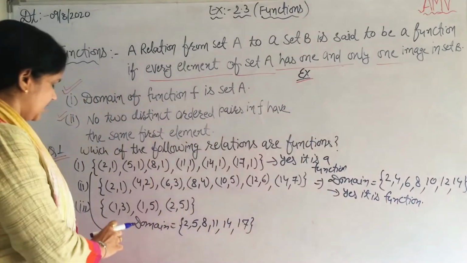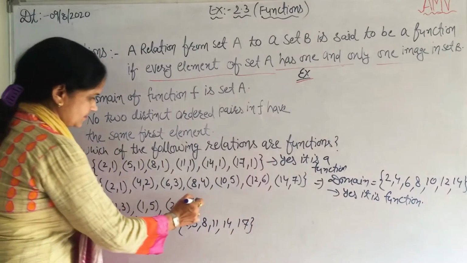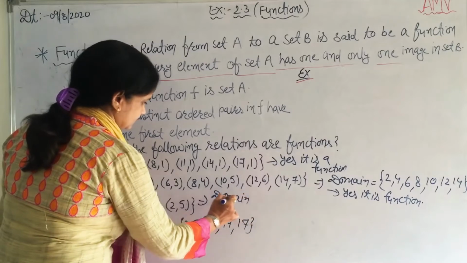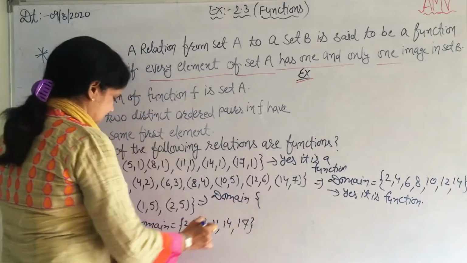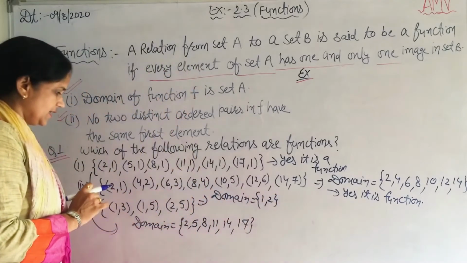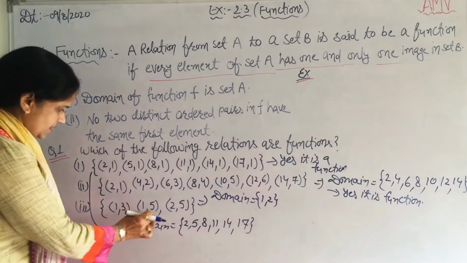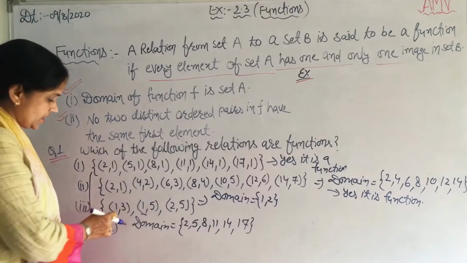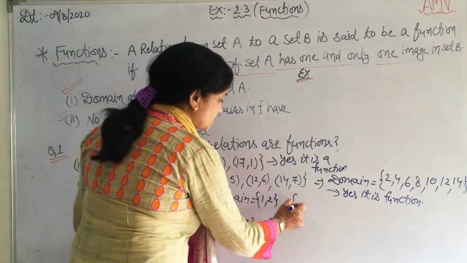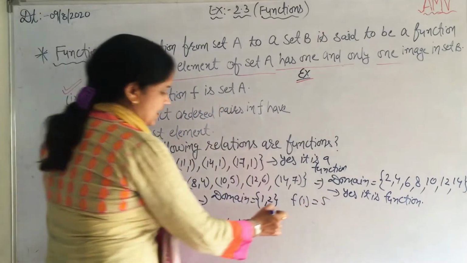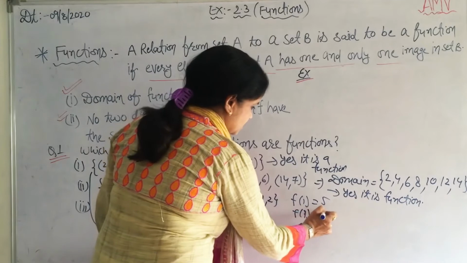Third, here the domain for this is 1 and 2. Okay. And now see, in these two ordered pairs, 1 is repeated. It means 1 has two images. f(1) is equal to 5 and f(1) also is 3.